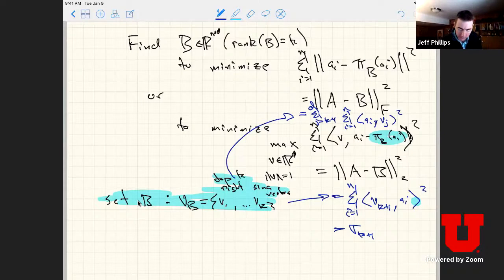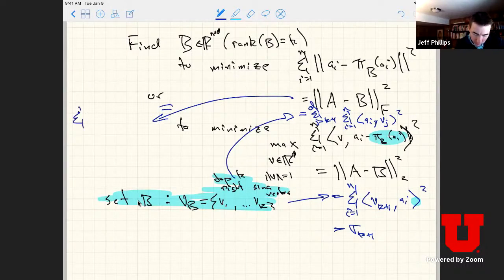Let me write this more clearly. This is going to be equal to the sum over j equals k plus 1 up to d of the sum over i equals 1 to n of all these data points, vj dot ai squared. And so I know each of these terms is going to be sigma j squared.